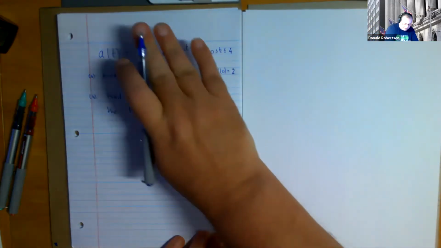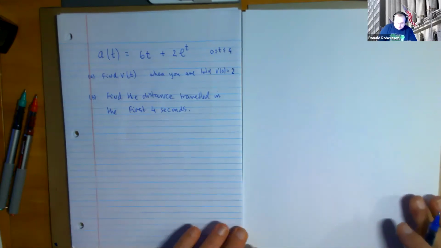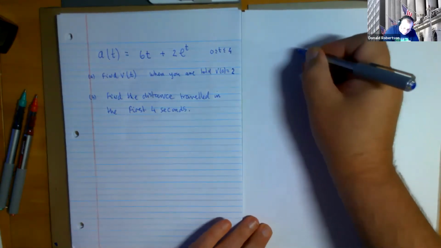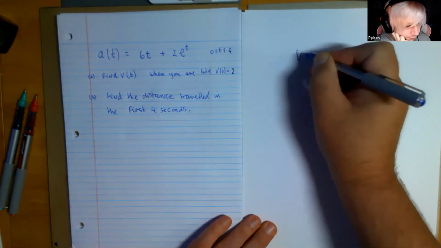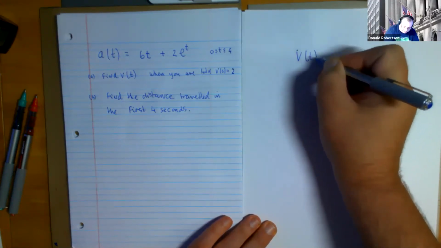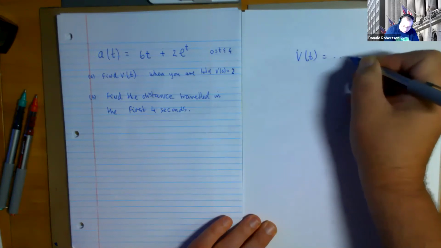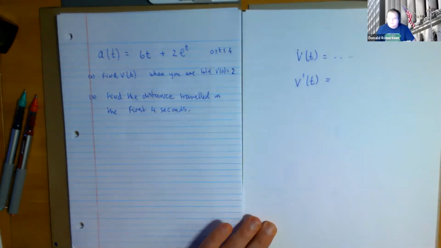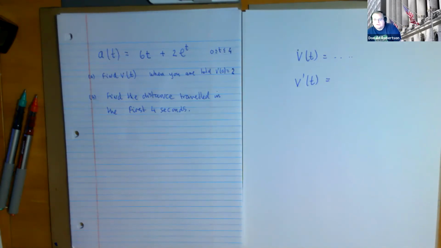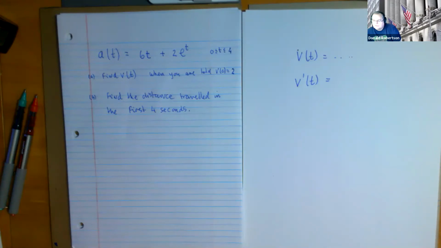Now, before we show you the math of this, if you take the velocity function, what was the derivative of the velocity function? This is Calc 1. If you're told the velocity function and you differentiate it, what do you end up finding? The acceleration.